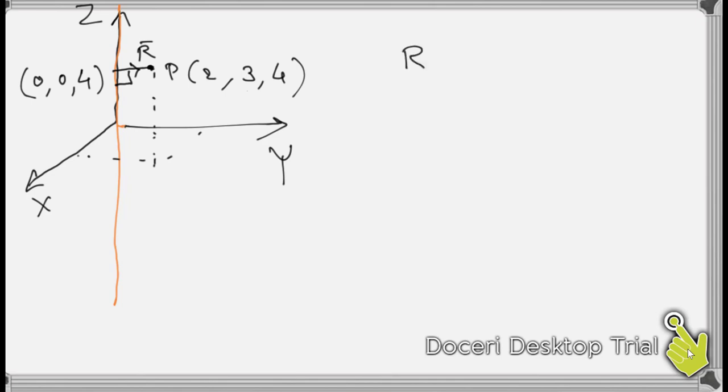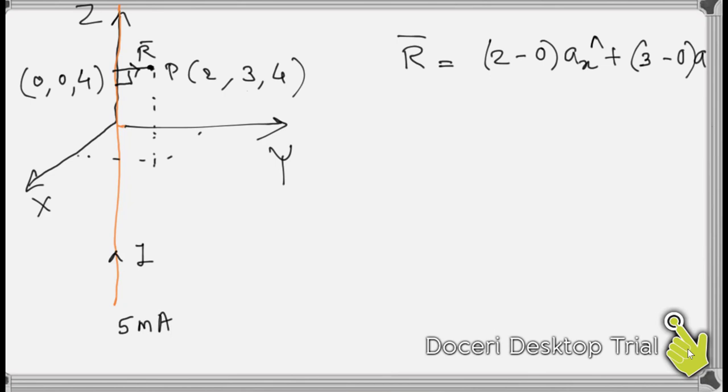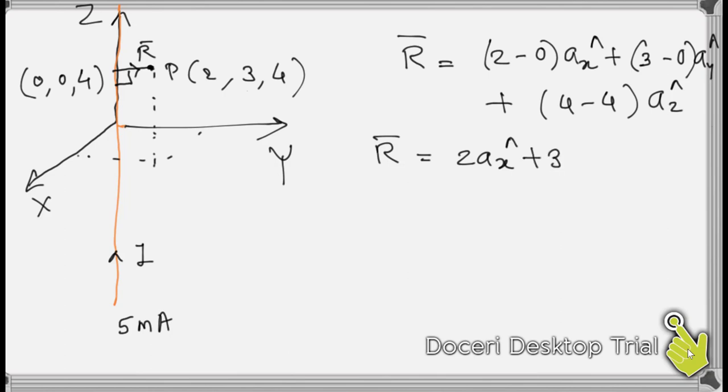So this is our R bar, right? So what is R bar in this case? The filament is carrying 5 milliampere of current, let us consider, in the upward direction. So R bar is what? (2 minus 0) aX cap plus (3 minus 0) aY cap plus (4 minus 4) aZ cap in the simple Cartesian coordinate system. So R bar is 2aX plus 3aY plus 0.